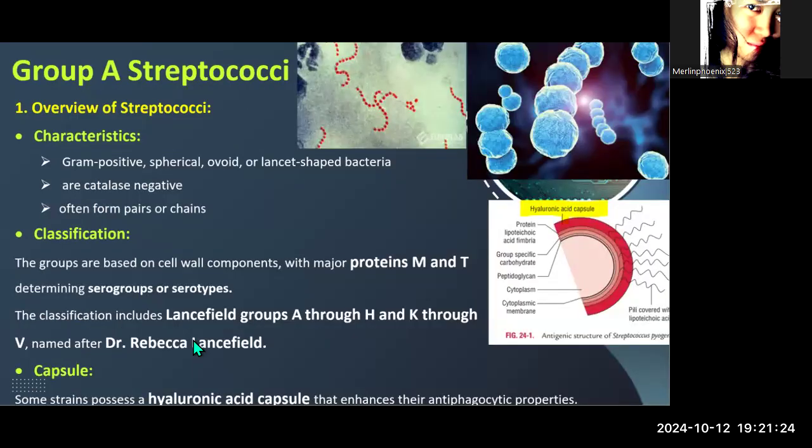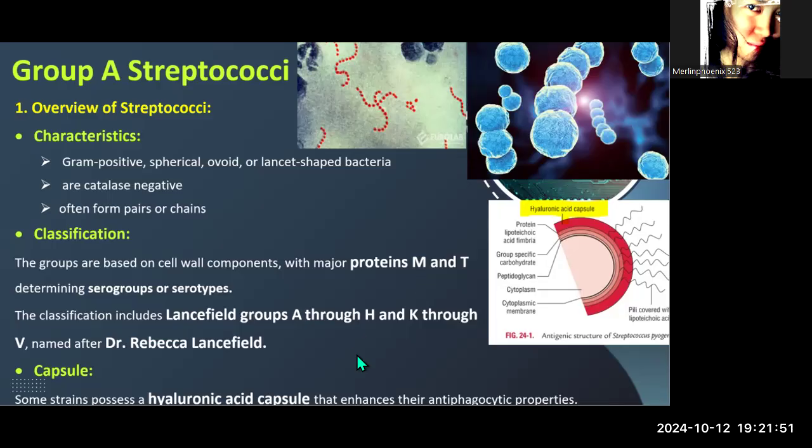So let's move to group A streptococci. Characteristics: they're gram-positive, spherical, ovoid or lancet-shaped bacteria, catalase negative, and often form pairs or chains. For classification, they are classified by cell wall components, primarily M and T proteins, into Lancefield groups.